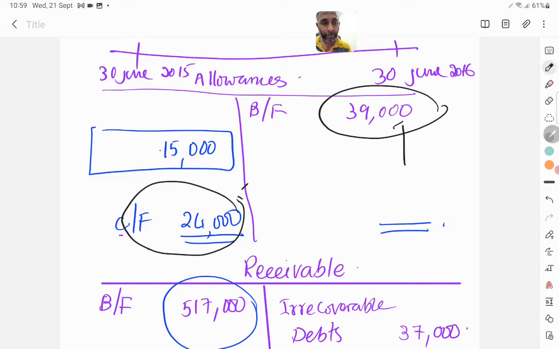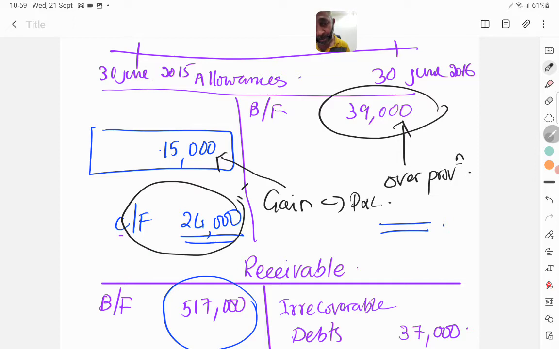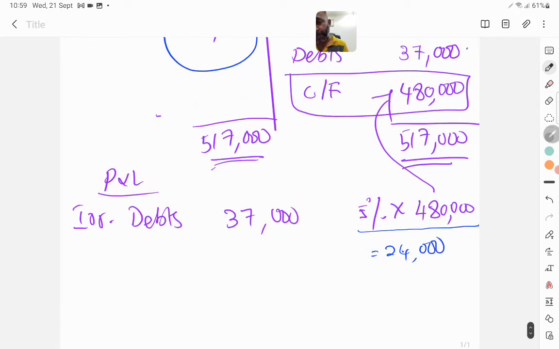This one we call over provision, and this difference is a benefit, a gain, and this gain will be reported to the profit and loss account as an income. So here we call it over provision 15,000. This is an expense, this is an income.